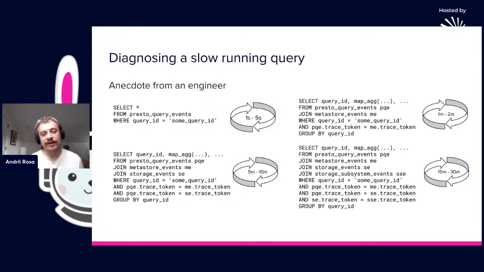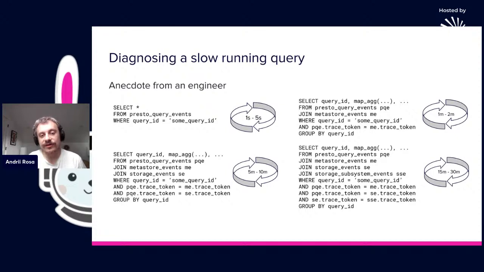But as you know, a system like Presto is integrated with many different systems, such as the Metastore or a block storage where the data is stored. So sometimes the culprit lay in the systems that Presto was integrated with. What I had to do was join data sets that were generated by Presto, by the Metastore, and by, let's say, the storage subsystem, to get the necessary insights.